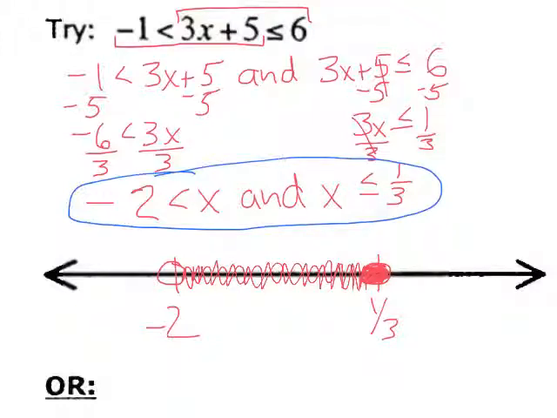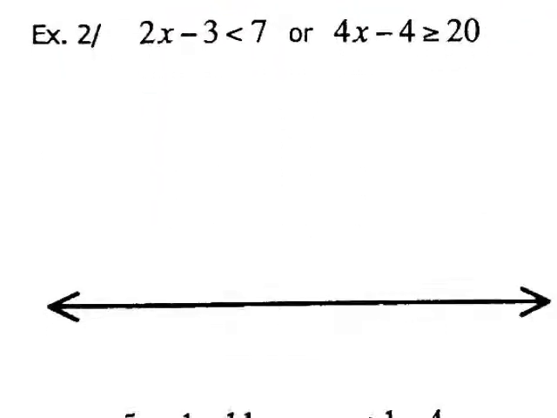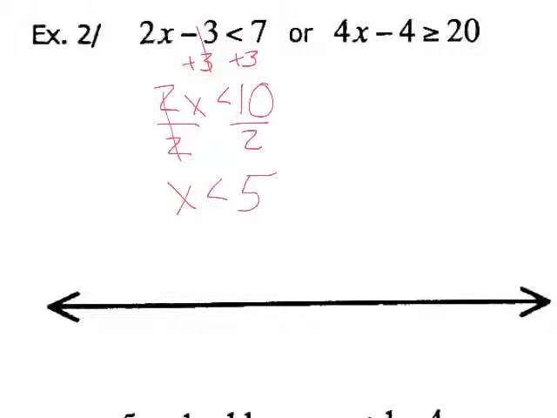All right, let's look at OR. OR is by far easier than an and problem. You can see there's already a word in the middle for you, so there's no need to break it apart. All you've got to do is solve them separately. So let's go through this pretty quick here. Add 3, 2x is less than 10, divide by 2, x is less than 5.